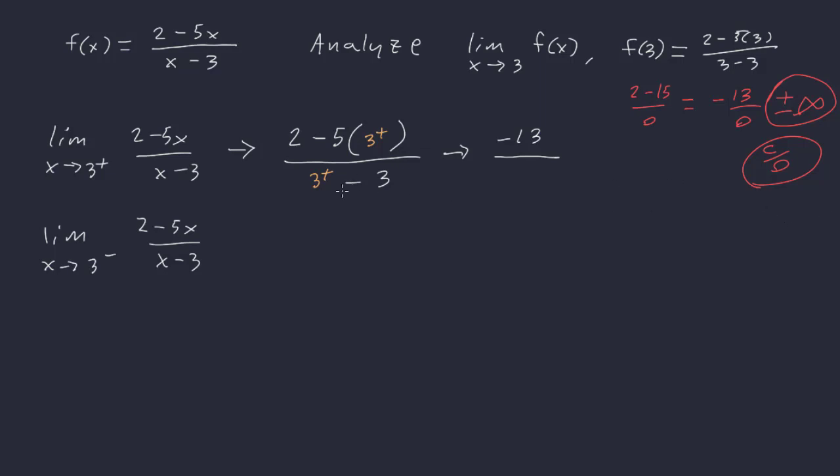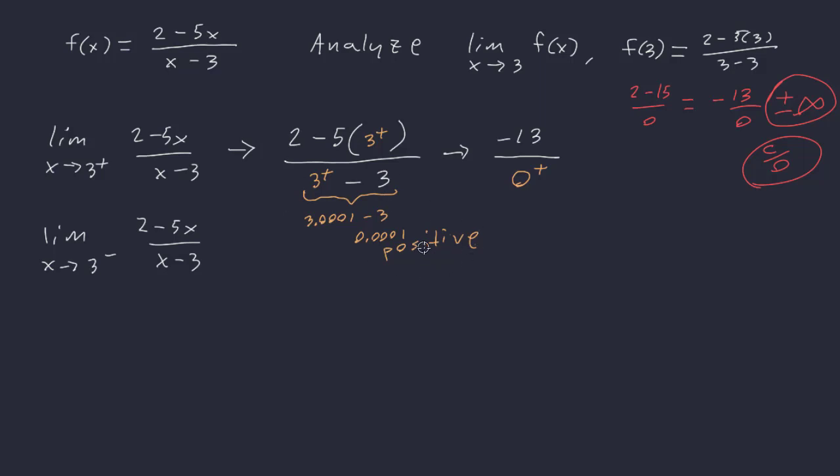However, this is 3 plus. So these are things a little bit bigger than 3. So we're thinking things like 3.0001 minus 3, which ends up being something like 0.0001. So this is a 0 plus. This is a positive value down here. That's really what we're trying to figure out, is that this is positive, because we have something a little greater than 3 minus 3.